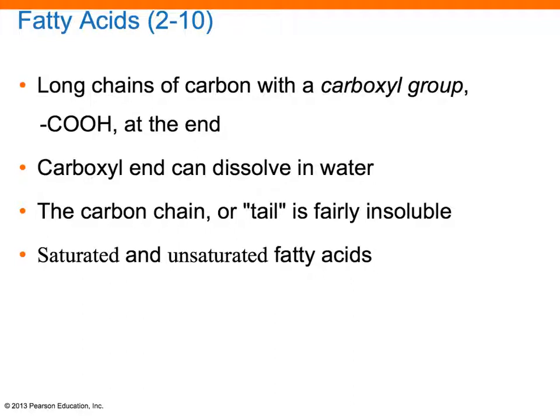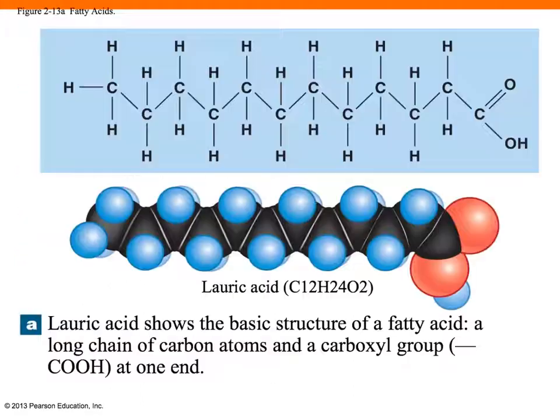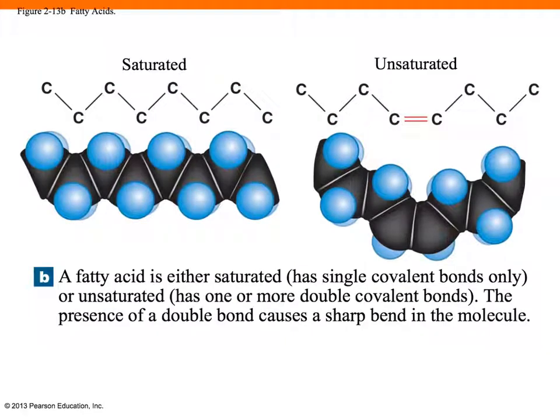There are two types of fatty acids, saturated and unsaturated fatty acids. This is an example of lauric acid, and it shows the basic structure of the fatty acid. You can see the COOH, or carboxyl group, at one end. Here we see the difference between the saturated and the unsaturated.